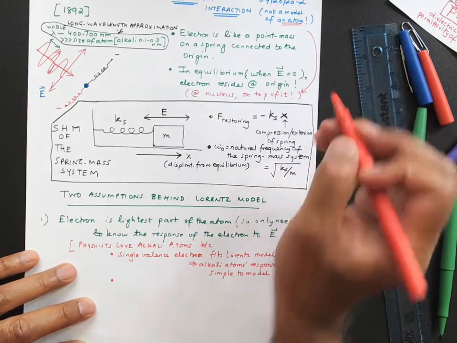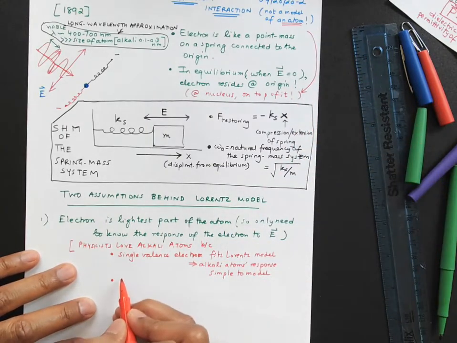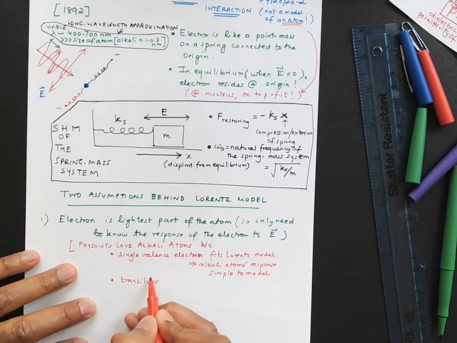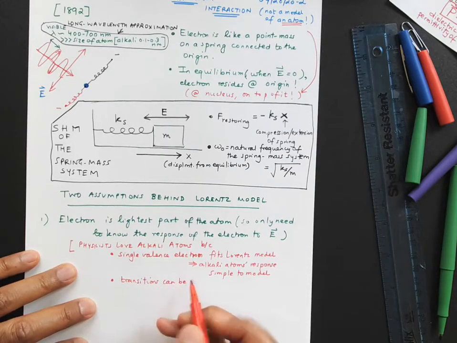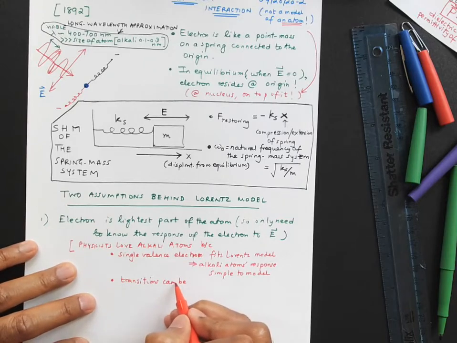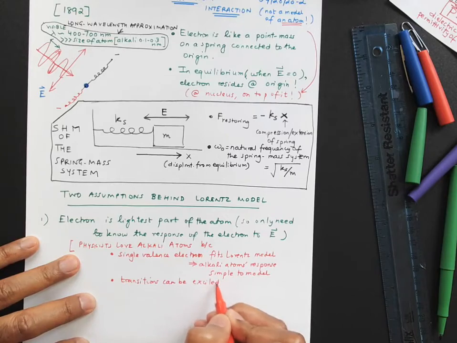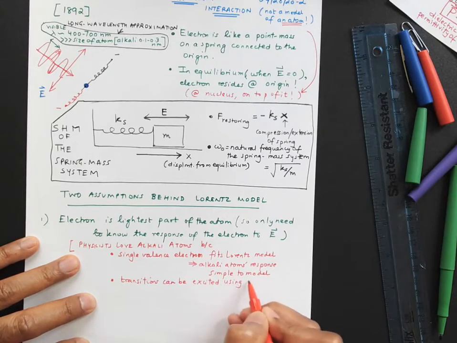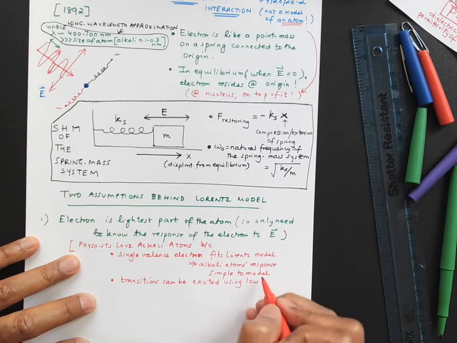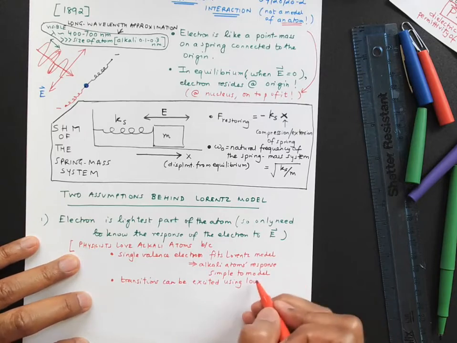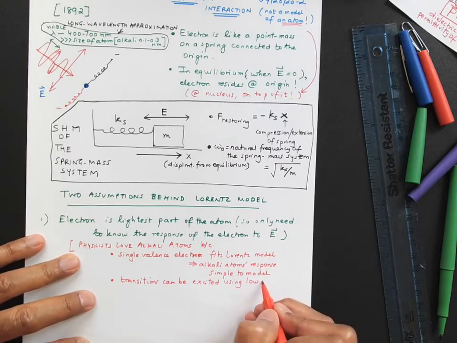So transitions can be excited using low optical energy, and of course what's low and what's high is relative, but I'm using low optical energy.